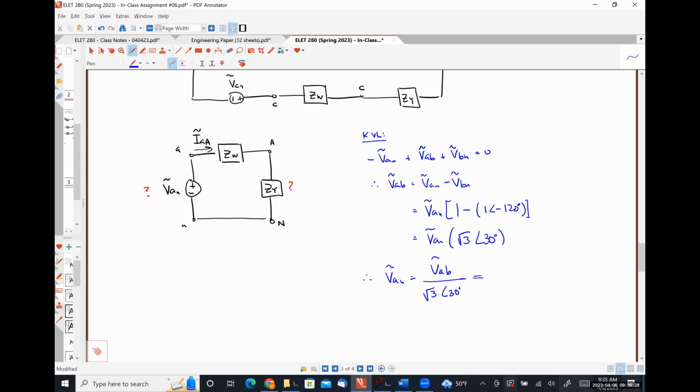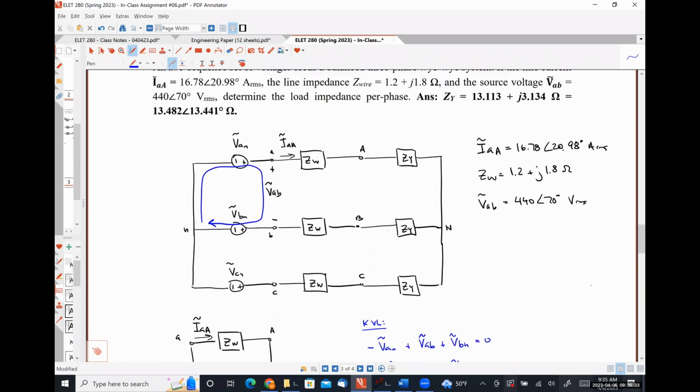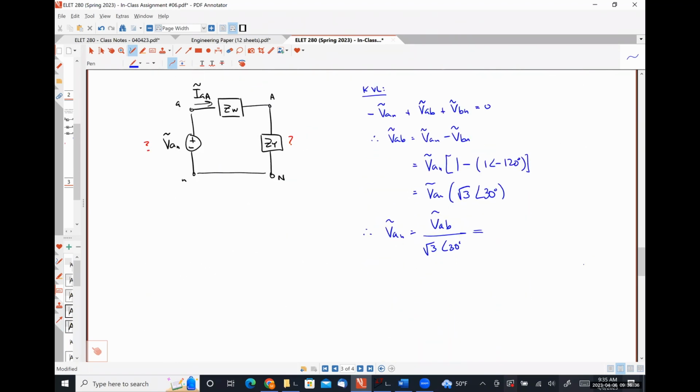So from here, substituting in our numbers, I believe I said it was 440 angle 70. Thank you. So VAN is 254.034 angle 40 degrees volts RMS.